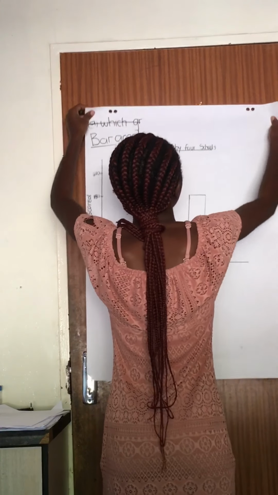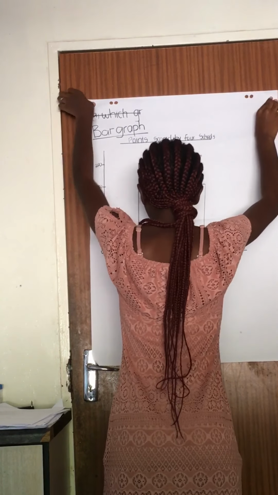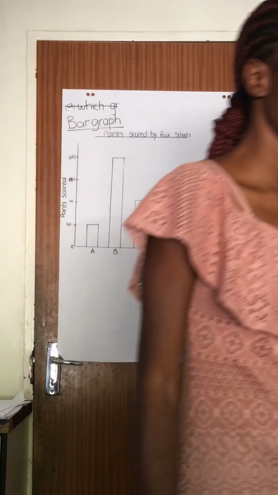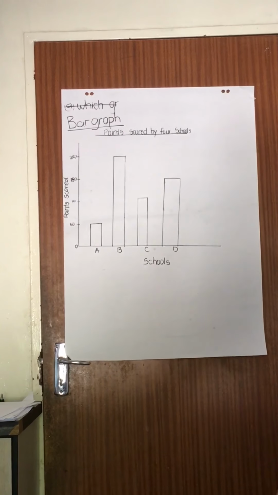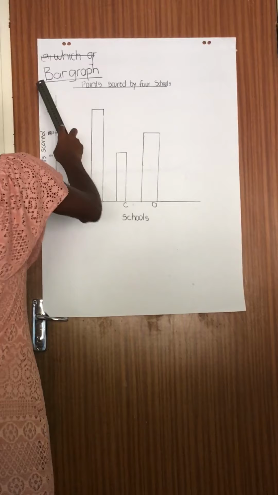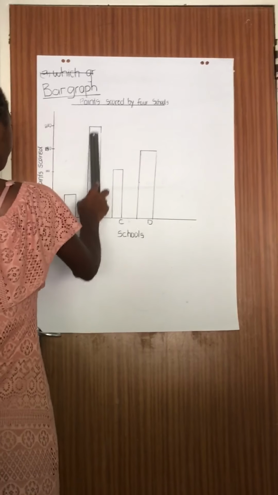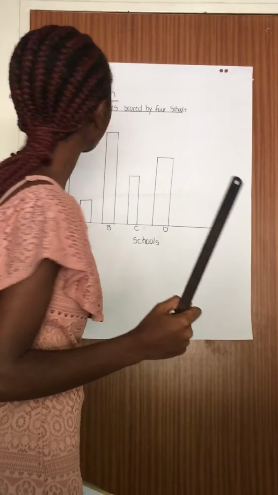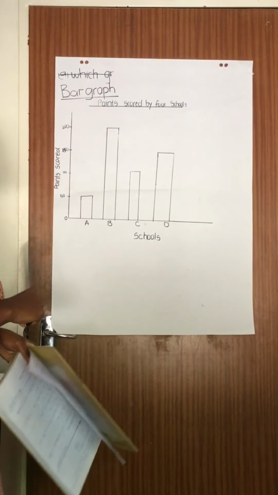And here we have our bar graph. The difference between our bar graph and the pictograph we were dealing with earlier is that a bar graph consists of bars, as you can see, while pictograms consist of pictures.